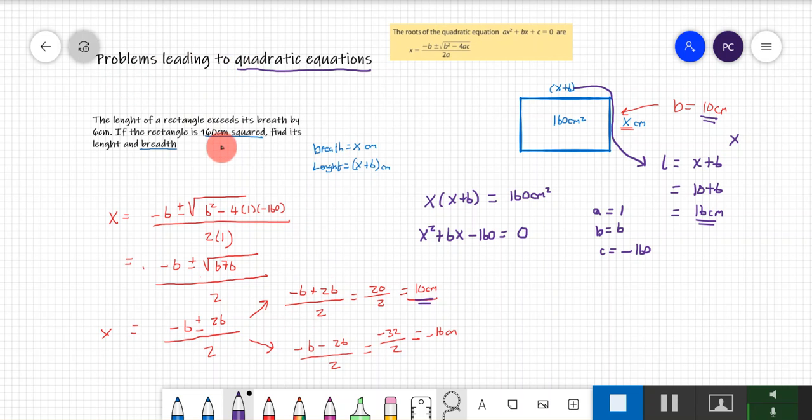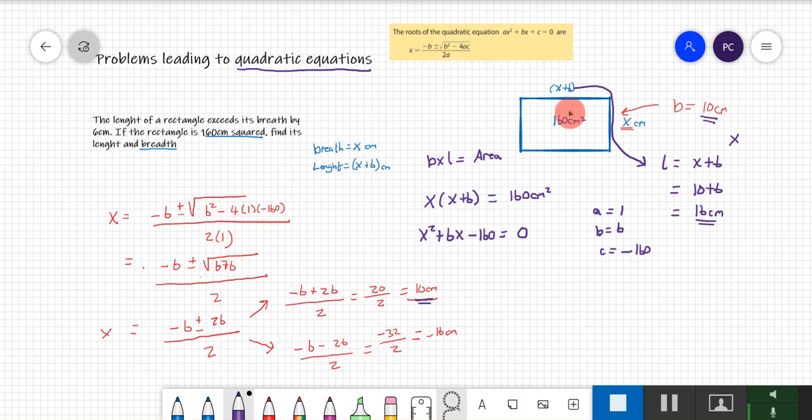What we did is we took this word problem and converted it into a quadratic equation like here. How did we do that? We let the breadth be equal to x, and then we wrote everything else in terms of that. So the length is going to be x plus 6. We know that length by breadth is how you get the area, so breadth multiplied by length is equal to area.